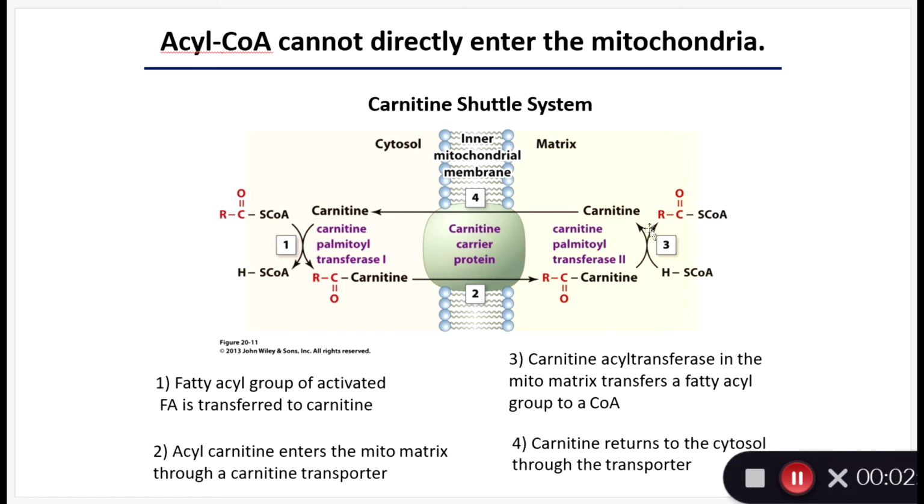On the other side, a second enzyme, which is similar to the first one, so these are transferase enzymes, will transfer the carnitine, pull it off of the acyl group, and then attach the coenzyme again. And so we started with an activated fatty acid and then had to swap out the coenzyme for carnitine to allow for transport. Now we're inside the matrix, and so we reattach that coenzyme.